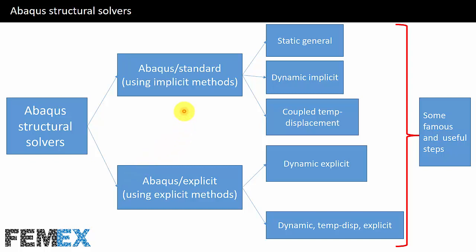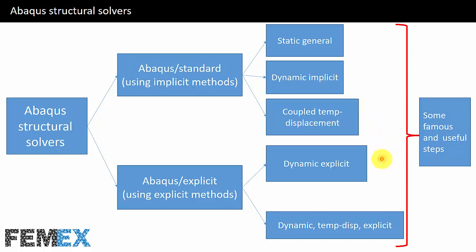Each of these solvers has some steps, and you can use steps to solve your problems. For example, Abaqus Standard has static general, dynamic implicit, and coupled temp-displacement steps, and all of these steps use implicit methods for solving nonlinear problems.